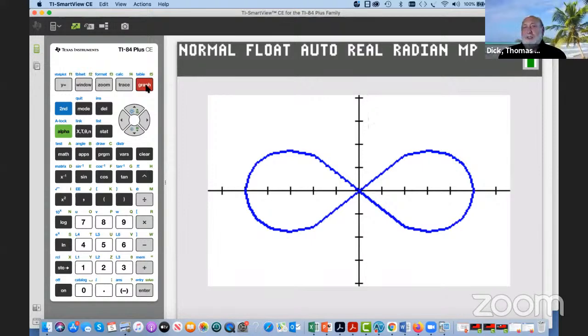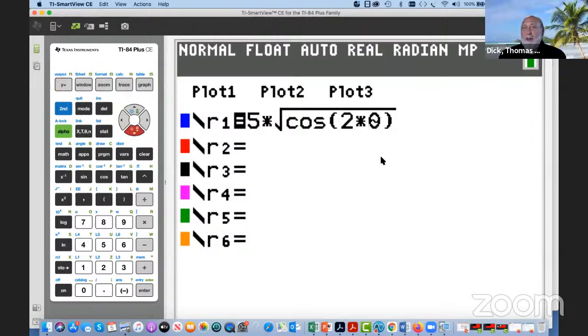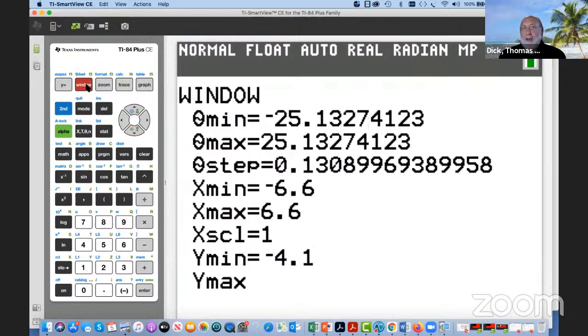Something I do want to take a look at is going back to the y equals menu and looking at the thing that we're plotting here: 5 times the square root of the cosine of 2 theta. Our theta min and theta max ran from negative 8 pi to 8 pi.